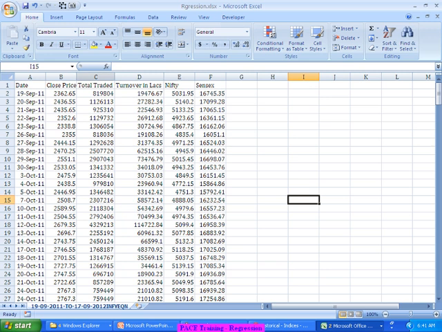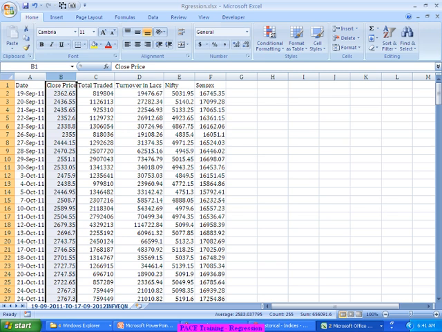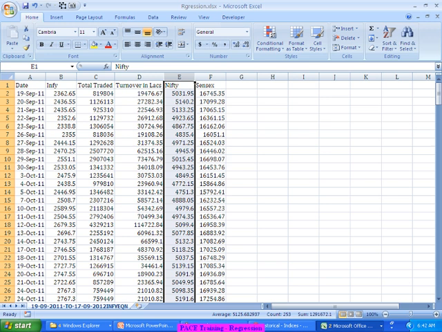So we'll start off with the closing price and Nifty. I'll say the closing price of Infosys, or probably I'll call this Infy itself, is dependent on Nifty, or vice versa. In that case, this becomes the dependent variable and this becomes the independent variable.